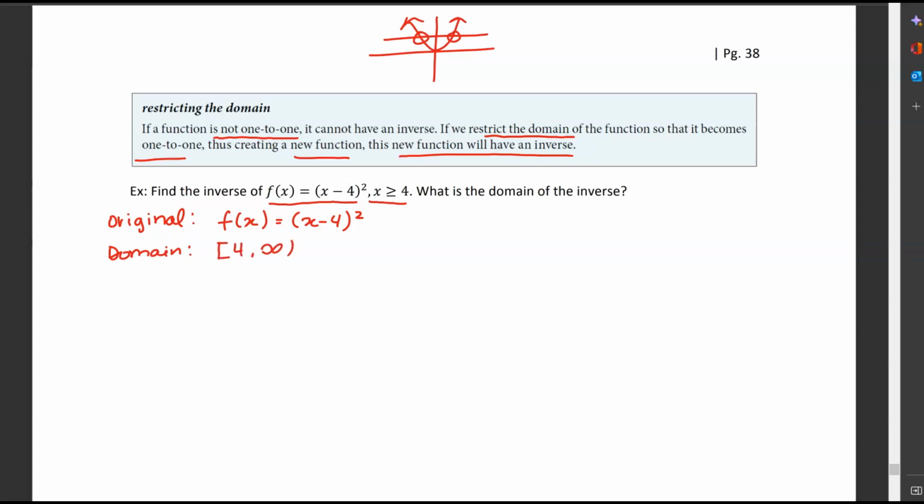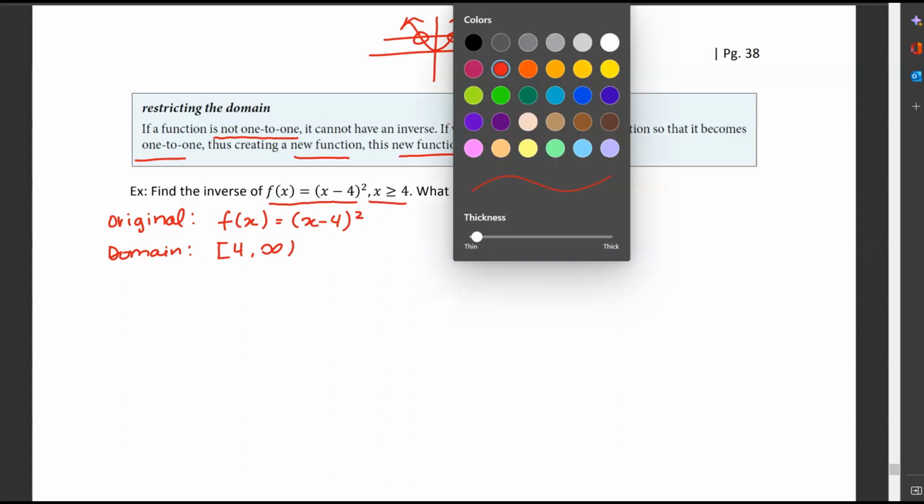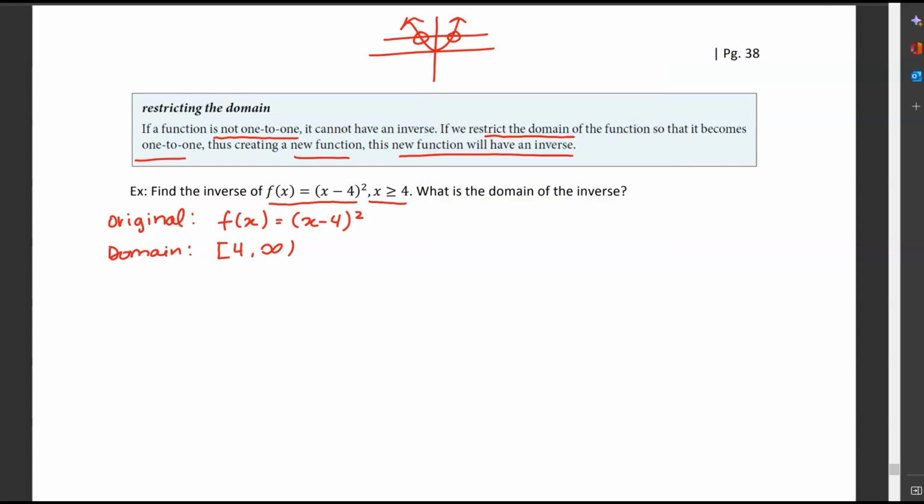4 to infinity. I want to pause real quick and look at this graphically. From a graphical perspective, we're looking at the graph. We have a shift here. Actually, we're looking at the first quadrant. Here's our parabola.